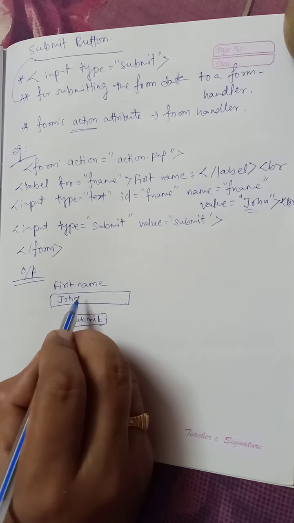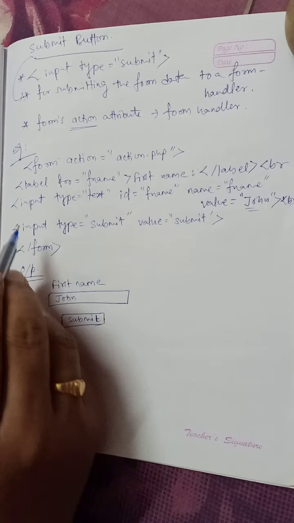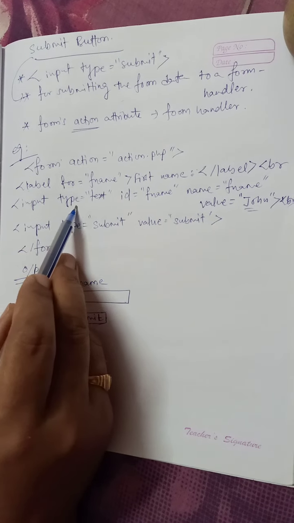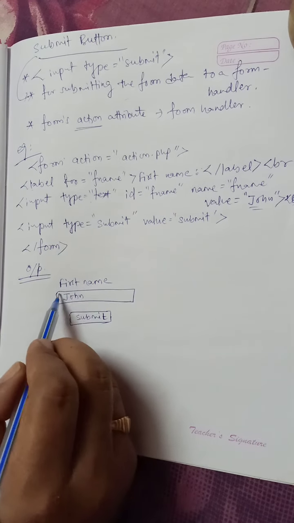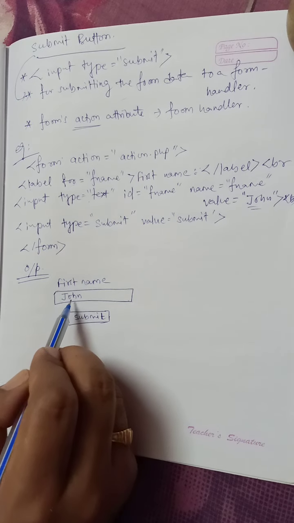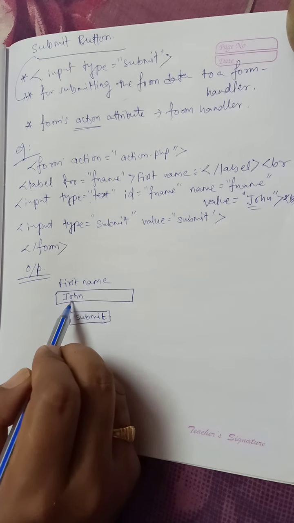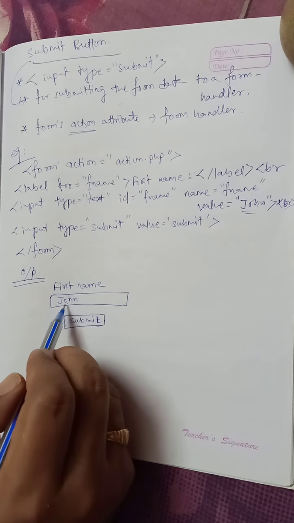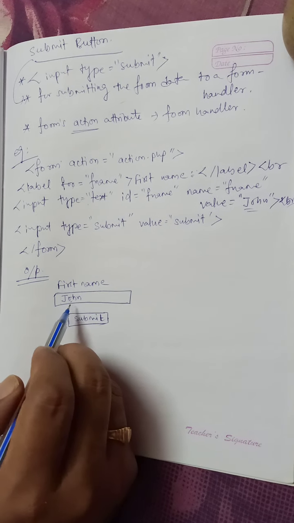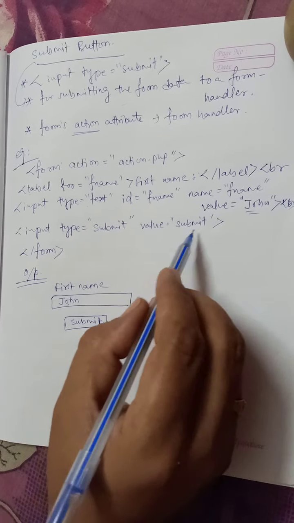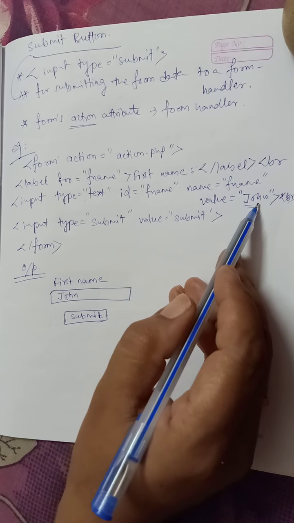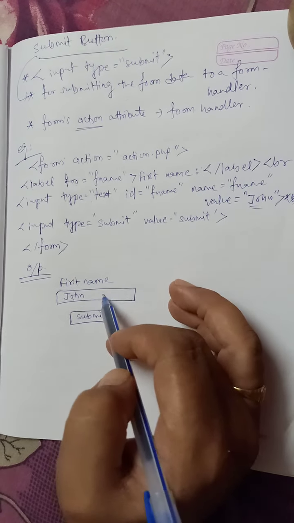This is a label which I have designed within this line. This is the text box which has been designed. Here we have written John, so this is the default value which is displayed in the text box. If you are not mentioning anything, value equal to John we have written, so this John is displayed here.